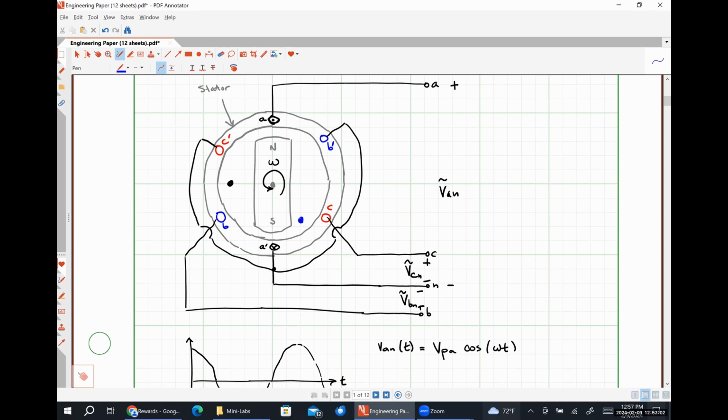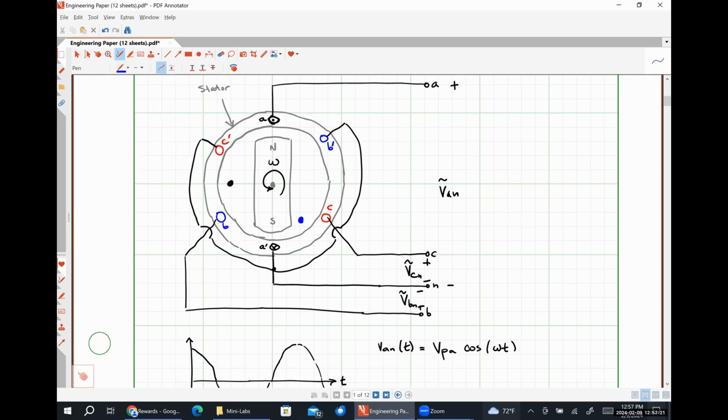Because of the direction of our rotation. So the induced voltage on the B phase is actually going to lag the induced voltage on the A phase by exactly 120 degrees, because there is physically 120 degrees of separation between those coils.